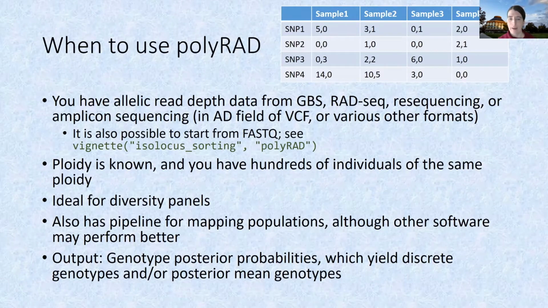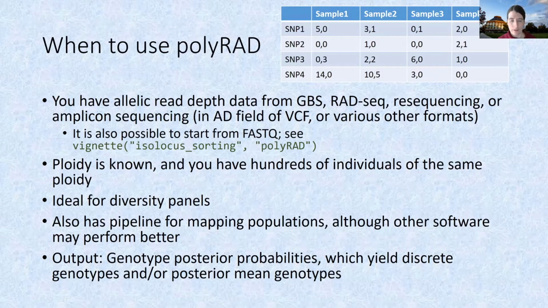I will say the mapping population pipeline is not my proudest accomplishment. I think Supermassa and Updog might be a little bit better for mapping populations, but you can always give polyRAD a try, give Supermassa a try and see how they work for your population. But if you're doing a GWAS panel or something, polyRAD is really good for that.